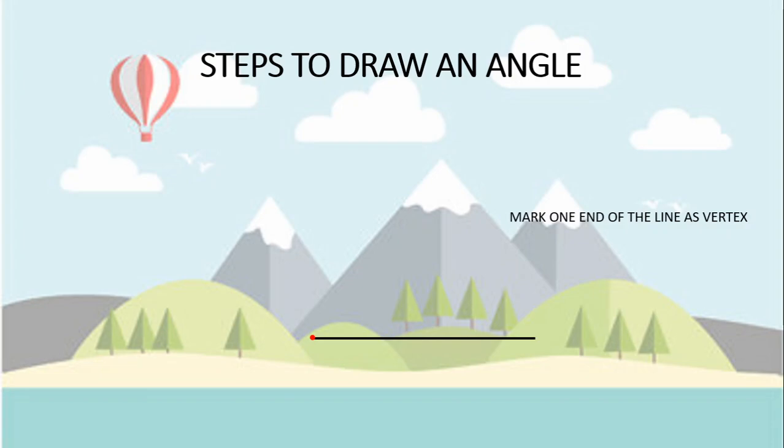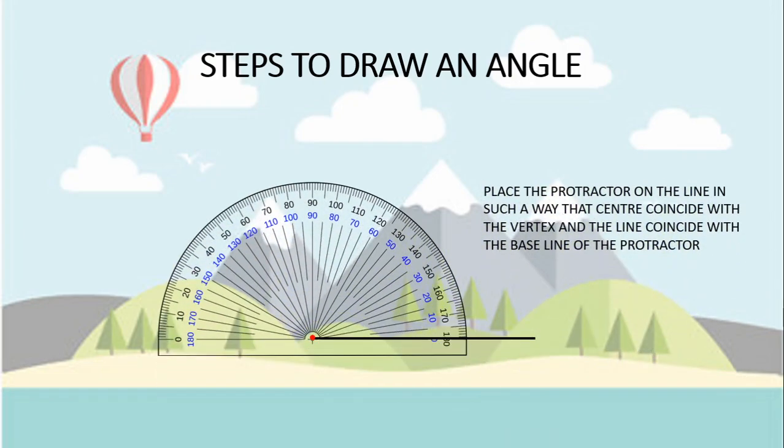Now, place the center of the D at this vertex so that the center of the protractor coincides with the vertex and the line drawn should coincide with the base line of the protractor.